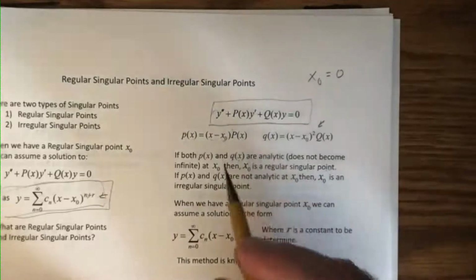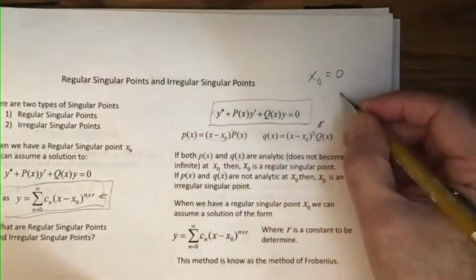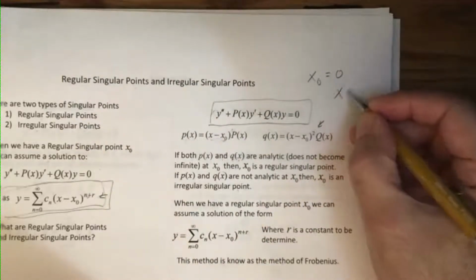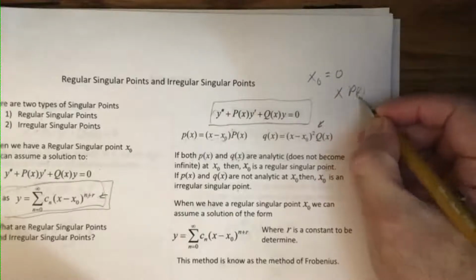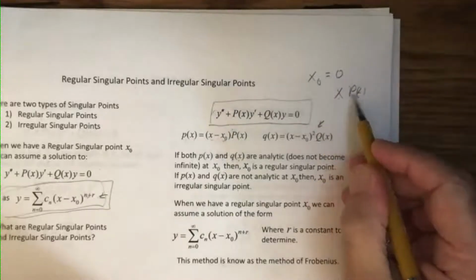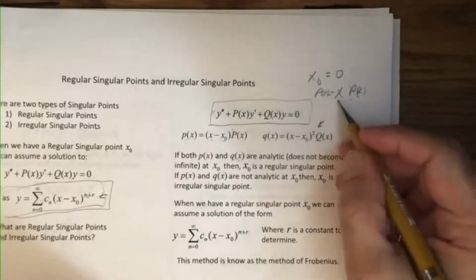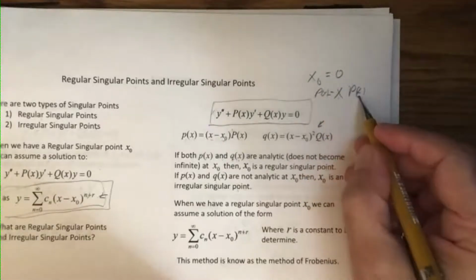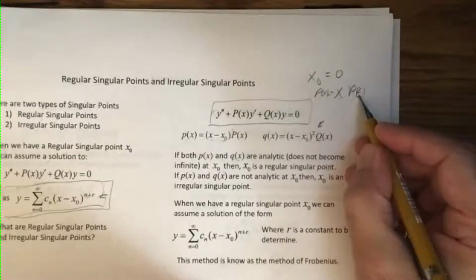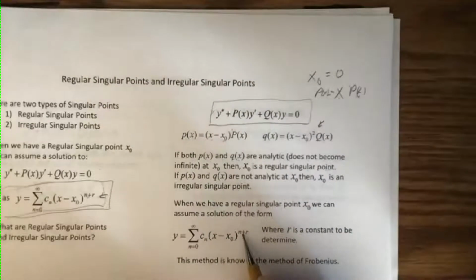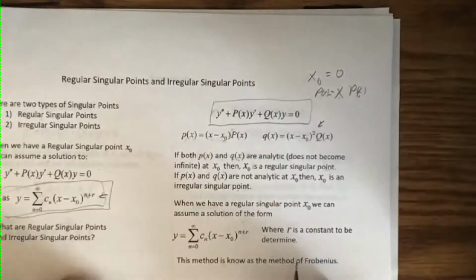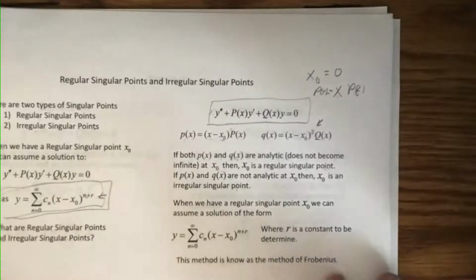So in the cases you're going to have, you multiply x times the big P of x, and if this turns out, after you multiply it by x, to be analytic, meaning we're not dividing by 0, then you can assume a solution of this form. This is known as the method of Frobenius.